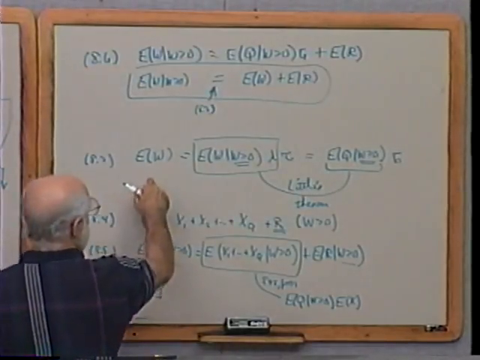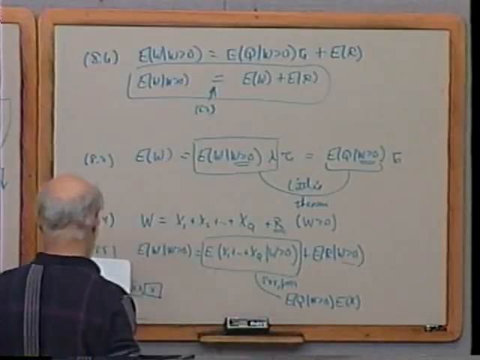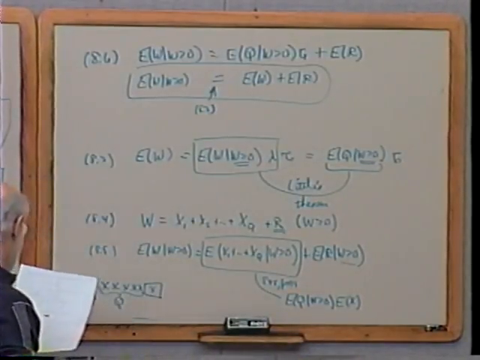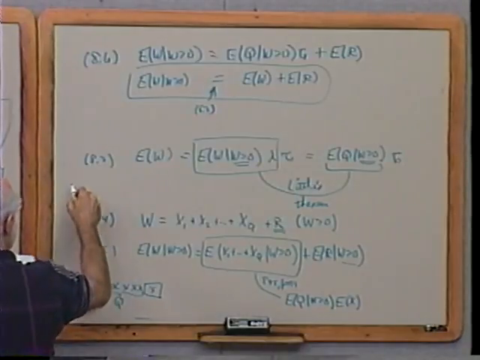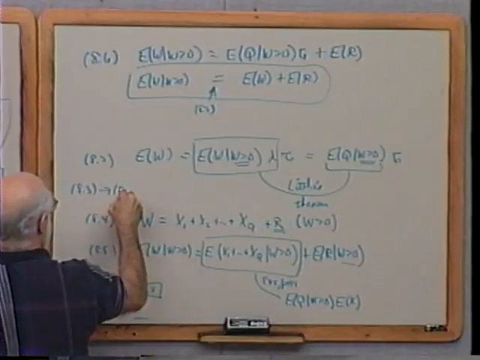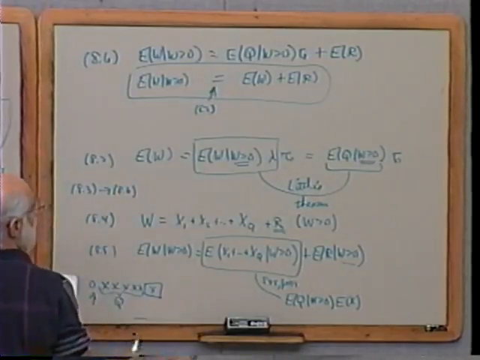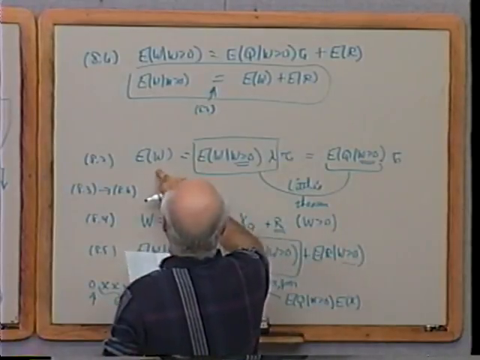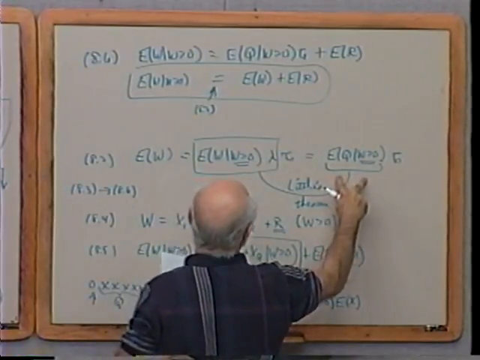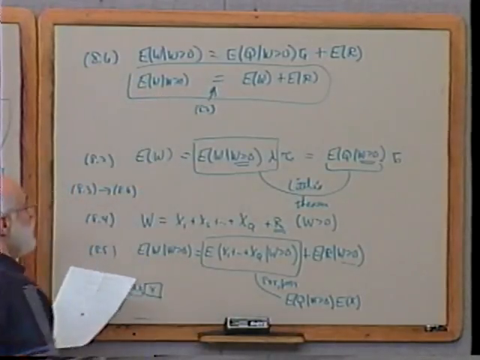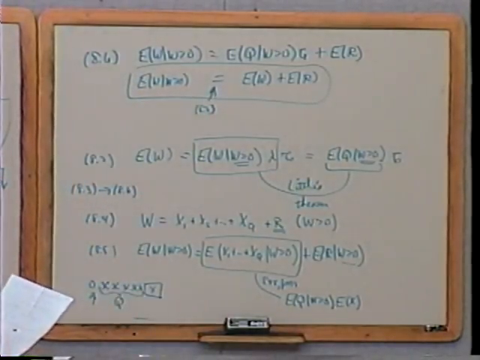So here's my 8.3, and here's my 8.6. And now I'm going to put 8.3 into 8.6. I'm going to take this thing right here, and replace this into here, so that I can solve for the conditional expected waiting time.